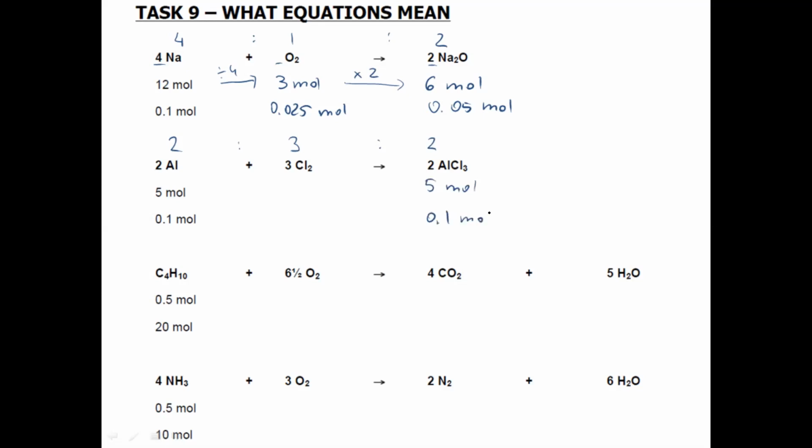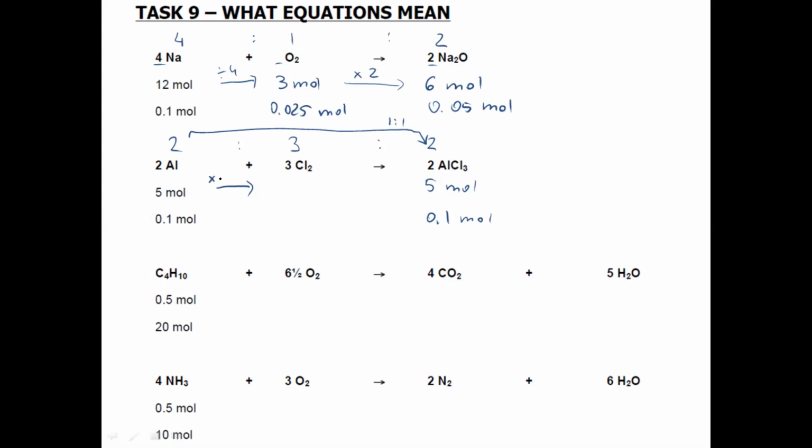So you can straight away do this, because from here to here, the ratio is 1 to 1, right? Does that make sense? Okay. Now, to go from 2 to 3, the ratio is 2 to 3, so this one will be a bigger number. So if 2 aluminiums is 3 chlorines, then 1 aluminium is how much?